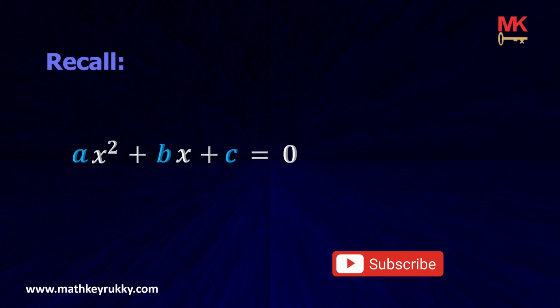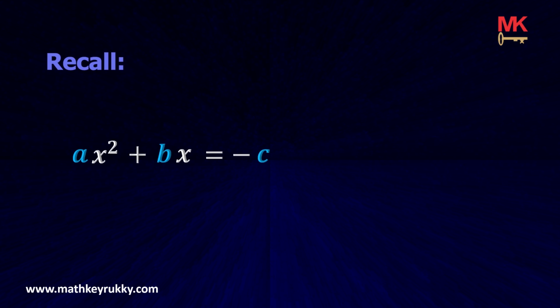Recall that the general form of every quadratic equation is ax squared plus bx plus c equal to 0, where a is not 0. To solve this equation by completing the square, the following simple steps should be taken. Move the constant term c to the right-hand side of the equation. Ensure that the coefficient a of x squared is 1.